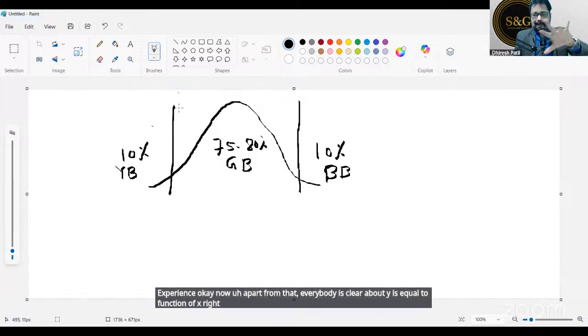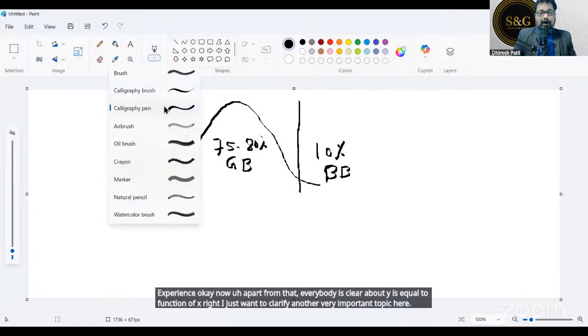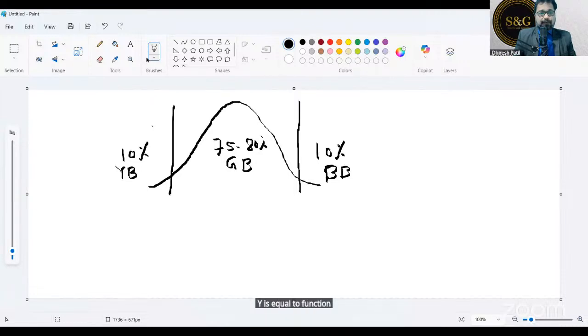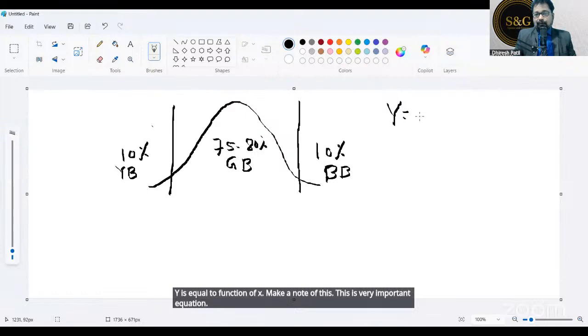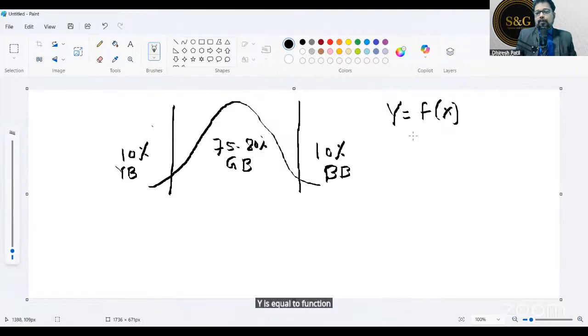I want to clarify another very important topic here. Y is equal to function of x. Make a note of this. This is a very important equation. Y is equal to function of x, where y is our output and x is our input.